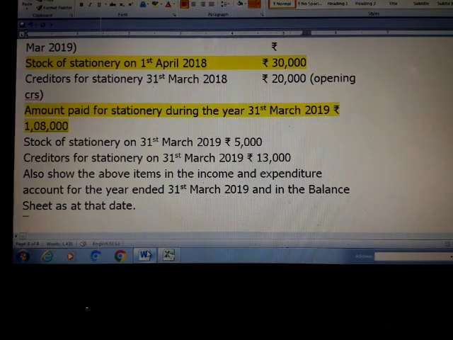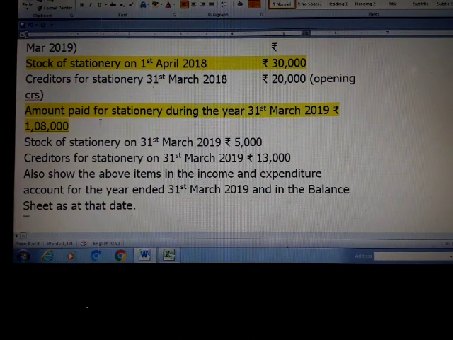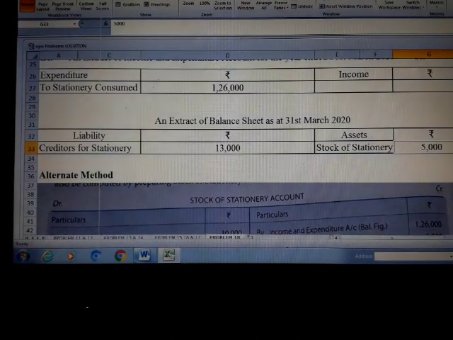If you look at the question, you will understand it. Stock of stationery on 31st of March 19 is 5,000. We are performing only for the year 18-19. So this item of 5,000 will be shown on the asset side of my balance sheet. And again remember, the asset side will also not tally, it is an extract only.